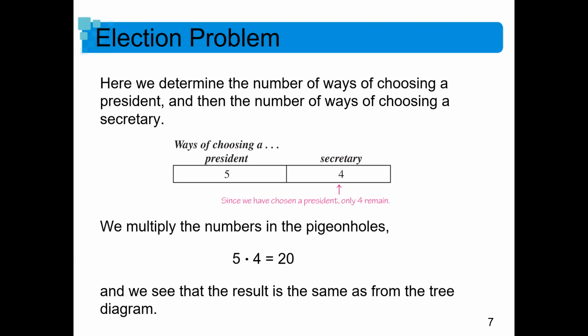And then for secretary, we write the number 4 because since we have chosen a president, only 4 names remain. Then after that, we multiply the numbers in the pigeonhole. So 5 times 4, we get 20. And we see that the result is the same as from the tree diagram.